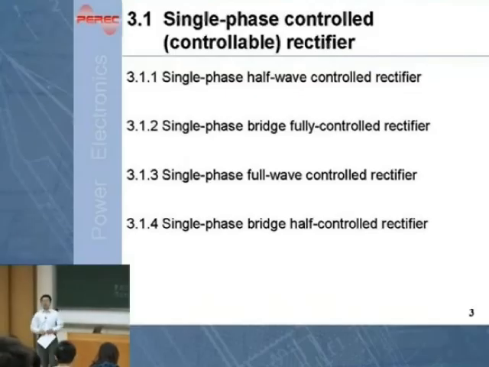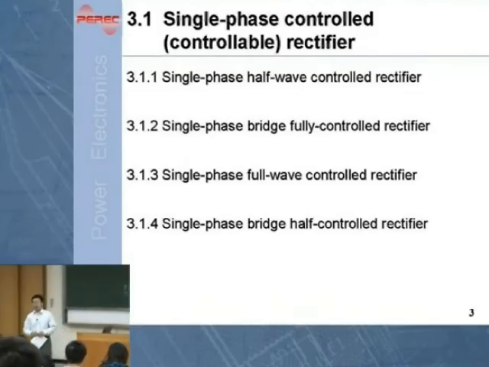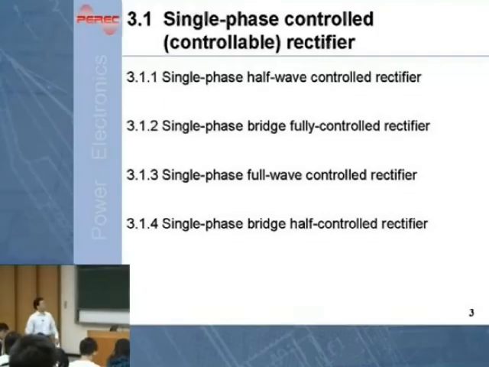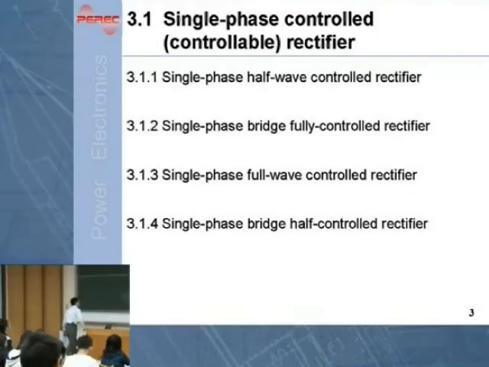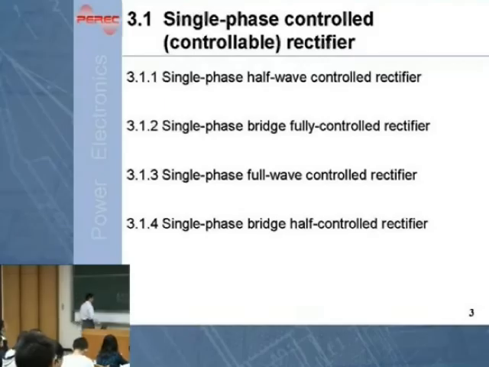And we start from the very first AC to DC power converter, which is called single phase controlled rectifier or single phase controllable rectifier. Single phase I've already mentioned to you.